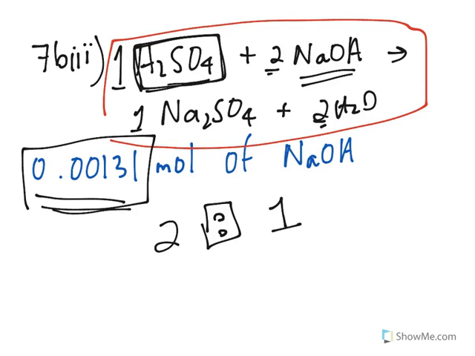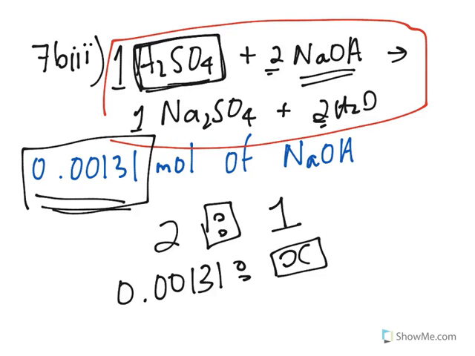So if 2 moles of NaOH react with 1 mole of H2SO4, how many moles of H2SO4 react with 0.00131 moles of NaOH? So we'll put that as X.